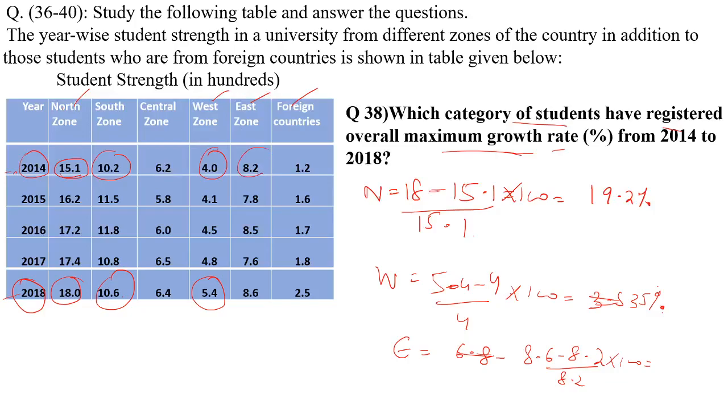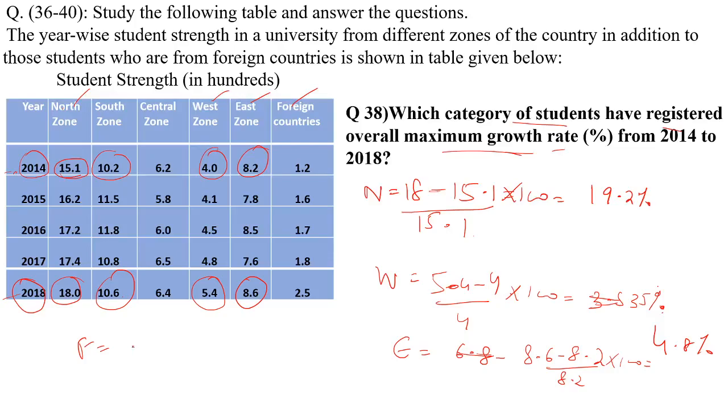It's like 8.2 to 8.6, right? So the value will be 4.8%.